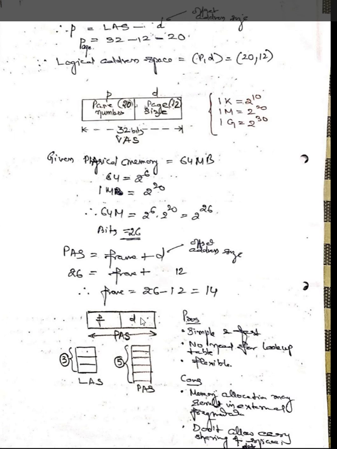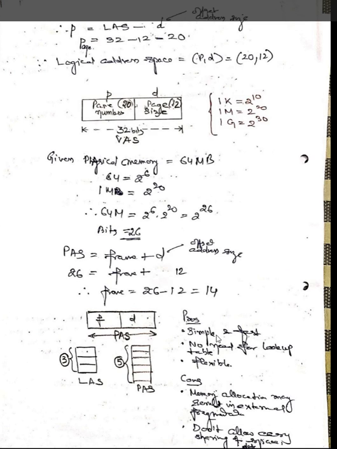So this is 14 and this is 12. So the number of entries is 2 to the power of 20, and each entry needs about 14 bits.